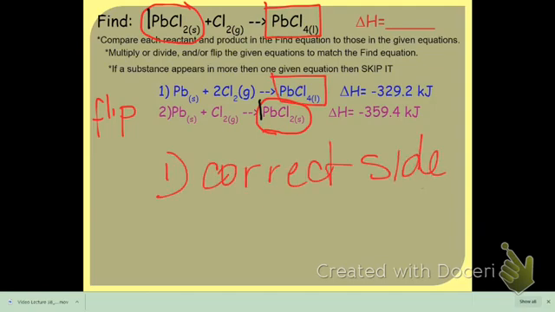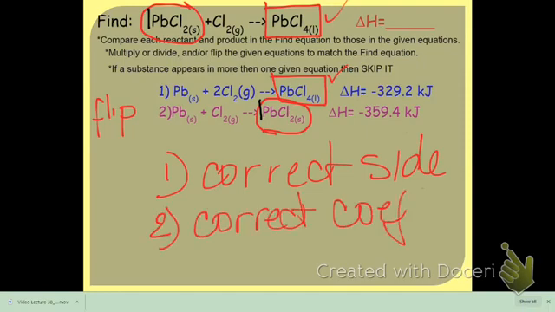We see that this is on the reactant side and this one is on the reactant side. So yes, it's on the correct side. Second question, does it have the correct coefficient? Well, the coefficient for PbCl4 is 1 here, and the coefficient for PbCl4 is 1 here. So yes, it has the correct coefficient, and yes, it's on the correct side. So we're going to leave this the same.